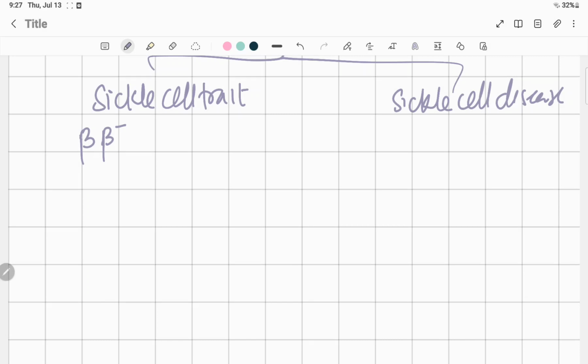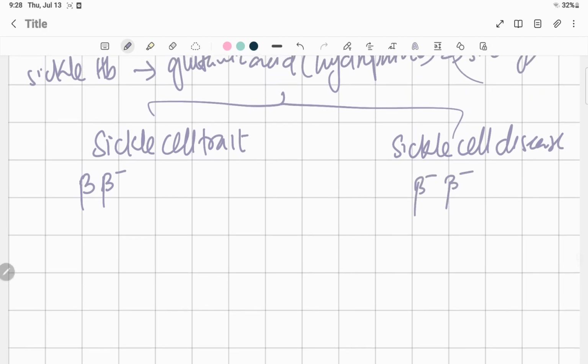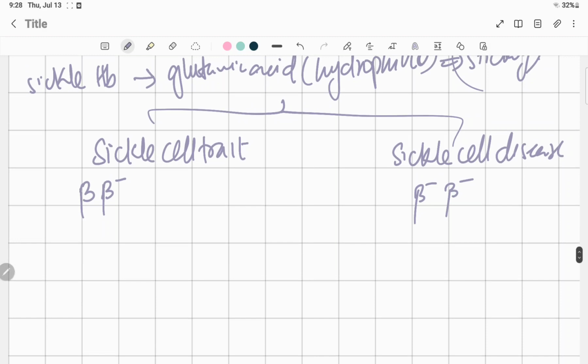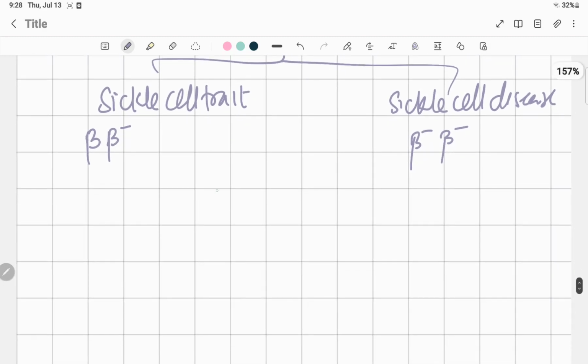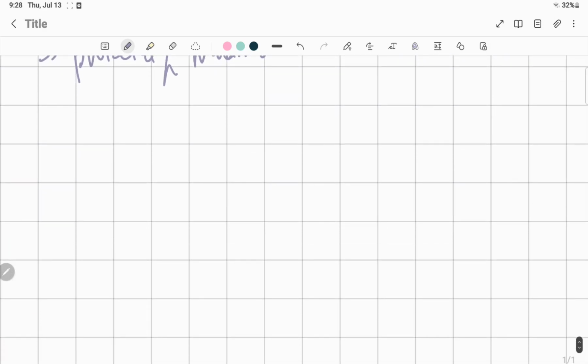These people are going to be somewhat normal, sometimes asymptomatic or with milder symptoms. But in sickle cell disease, both genes are problematic. Another thing you need to know is that they are protected against malaria, and this occurs mostly in people of African descent.